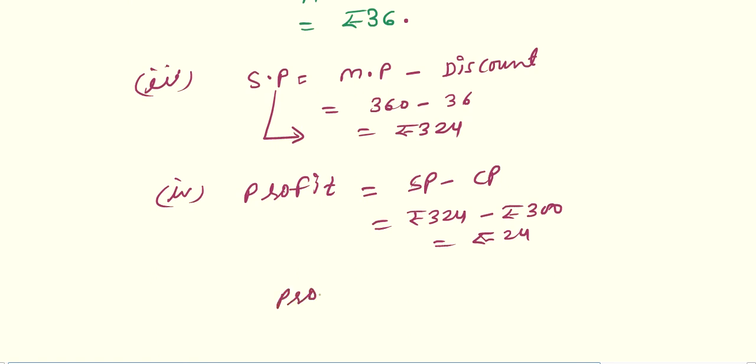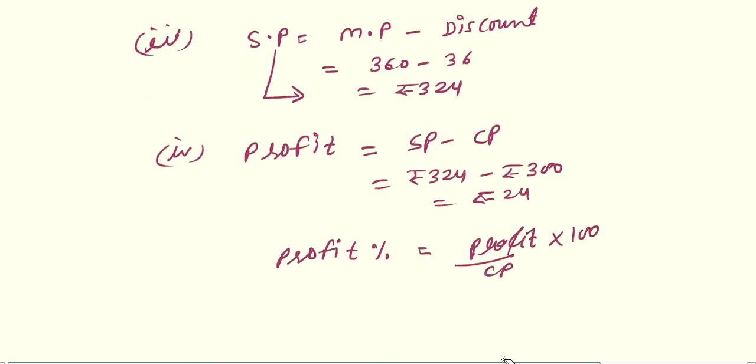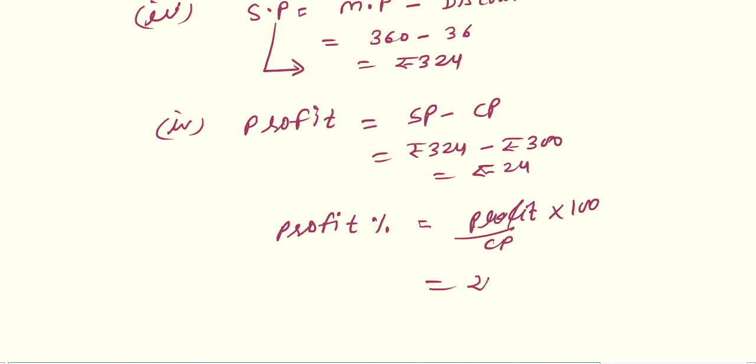Now we calculate profit percent. Profit percent equals profit upon CP into 100. Profit is 24 rupees, CP is 300, into 100. The zeros get cancelled, 3 8s are 24. So 8% profit.